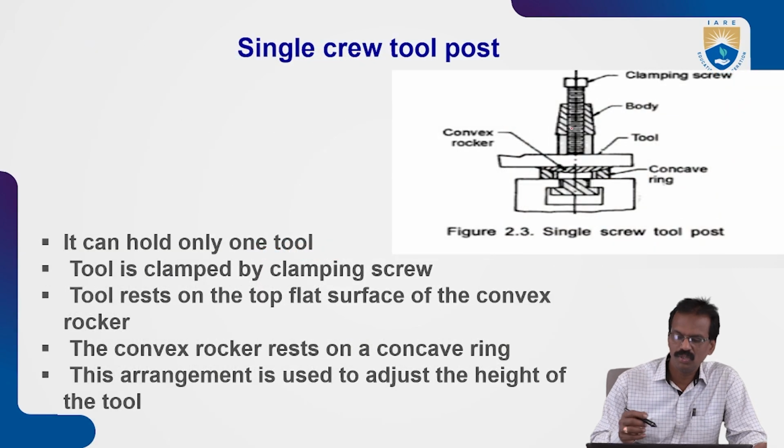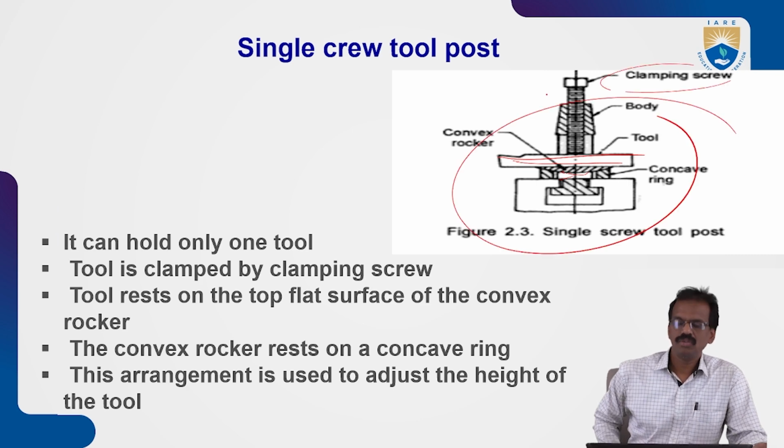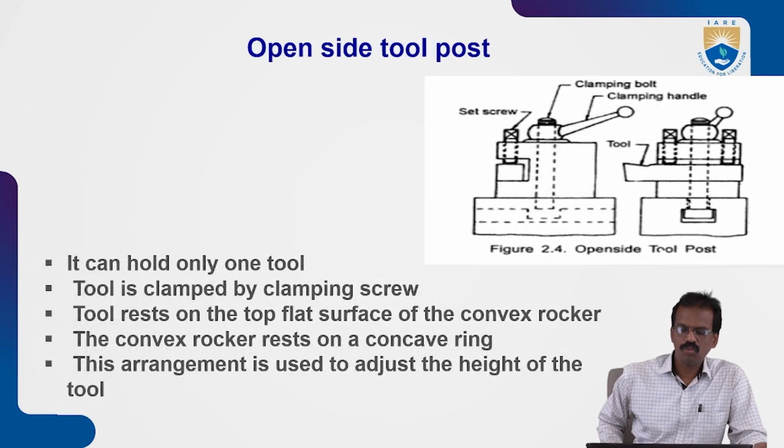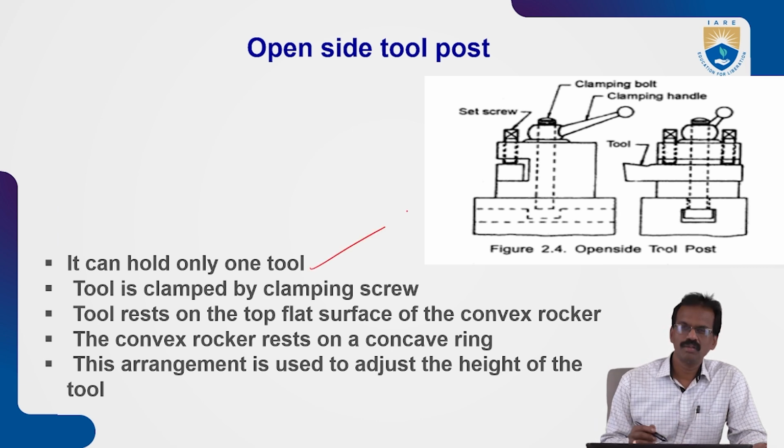So here two types of the tool post are given. This is a single point tool post. So this is the convex plate here. So here we will fix this single point cutting tool by the clamping of the screw. Okay, so this is the single point cutting tool, you can see. Okay, this is the open side tool post. You can see the front view and the side view. It can hold only one tool.